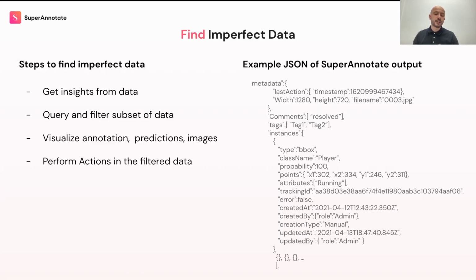Let's say you decide that all these images should be redone; you can just select the entire set of images, change the status and send them back to annotation again. And since we're keeping all that JSON information, it will be really easy to filter the subset and perform those actions on that particular subset as you're dealing with a really large dataset.